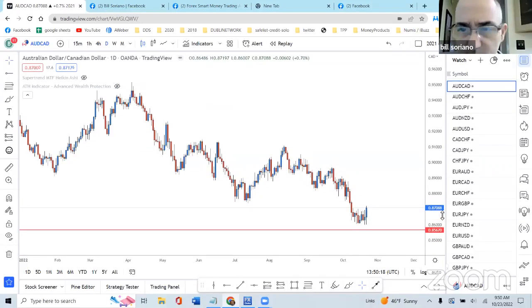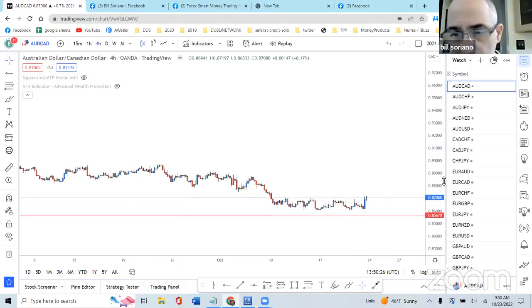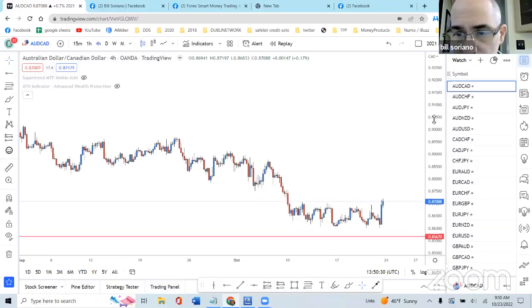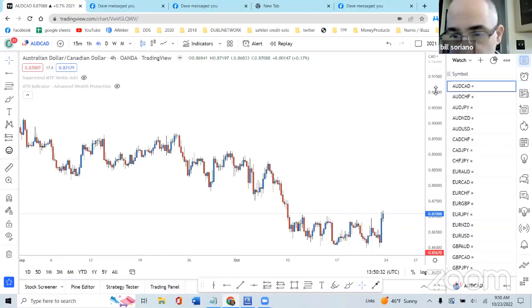Okay, so let's see if we look at this on the daily. We look at this on the 4-hour, and this was a trade alert that came out last week as well. So if we look at this on the 4-hour, really our next area of interest now is up in this area here.